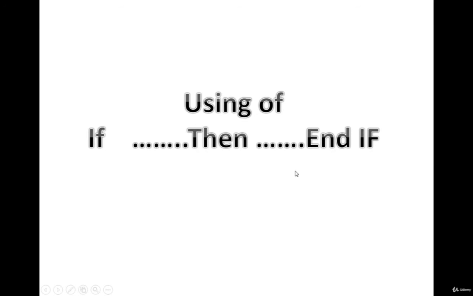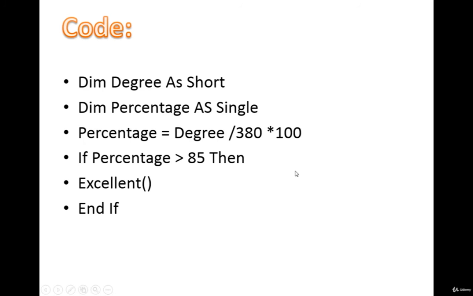We can also branch using the If statement, Then and End If. The code: Dim degree as short. This is the definition of the first variable, degree, as type short, and percentage as single.